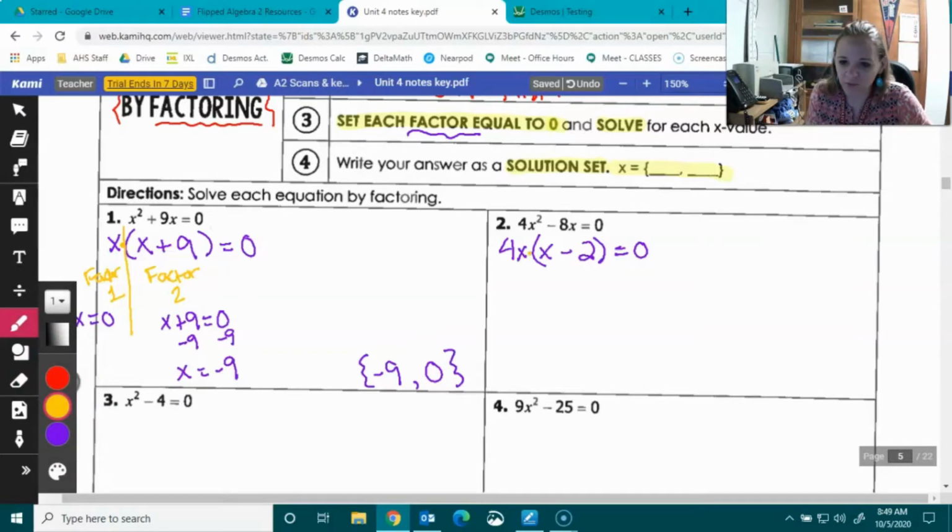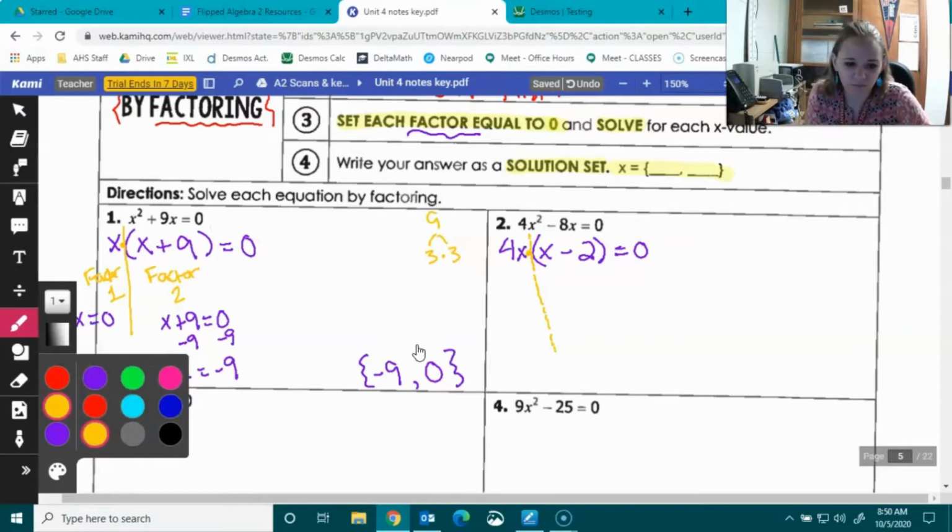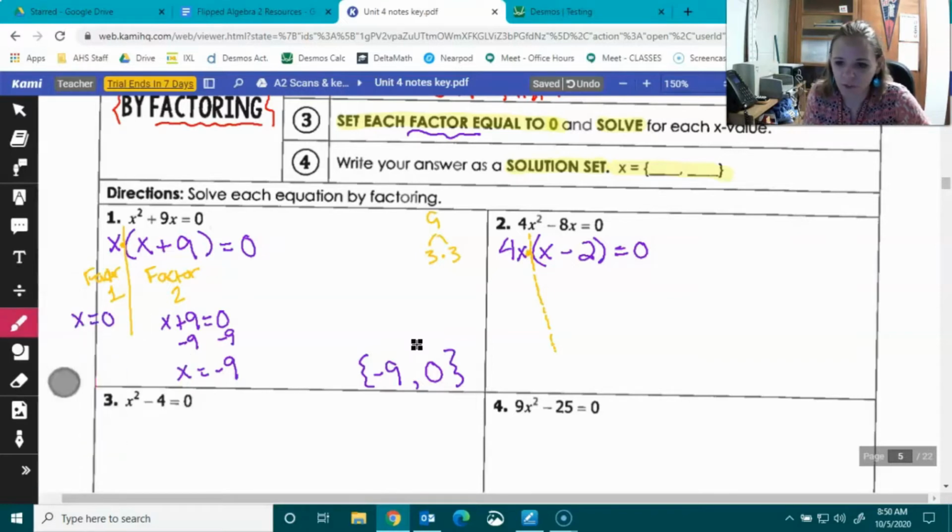So wherever the multiplication is, because remember when you look for factors, like factors of 9 are 3 and 3. The reason they're factors is because we multiply them to get 9. So that's the same idea. We have terms with x, and we break it up where they are multiplied. So we're going to take both, set them equal to 0.